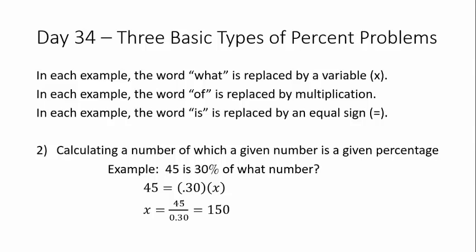So we have 45 equals 30 hundredths times x. We use algebra to solve this. Since we're solving for x, we will divide both sides by 0.30. So 45 divided by 30 hundredths is equal to 150. You can perform that calculation on your calculator. So we see that x equals 150. And so in our example, 45 is 30% of 150.